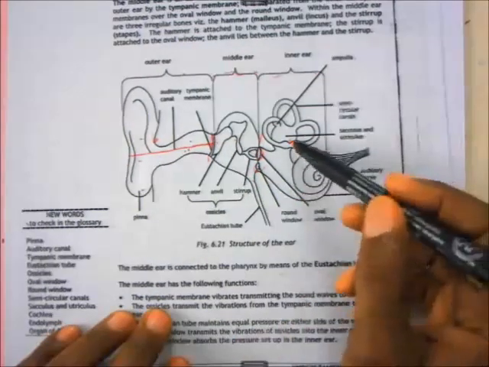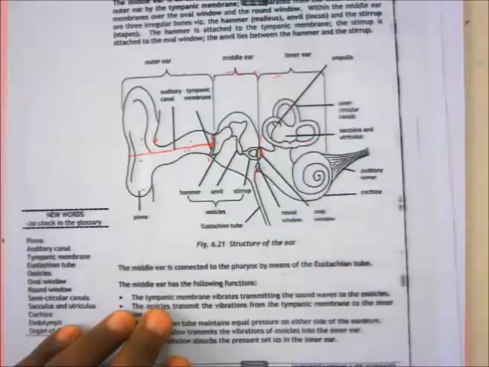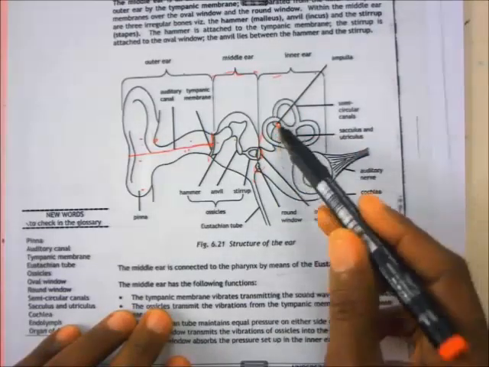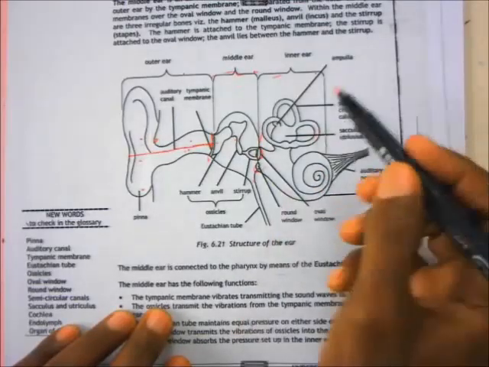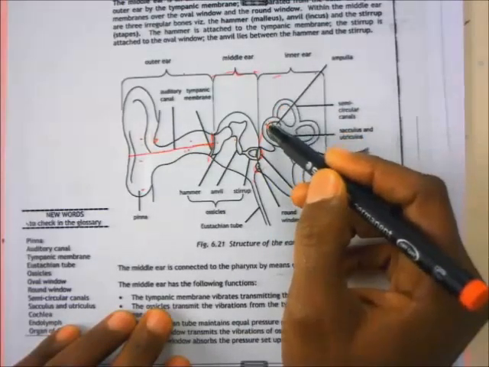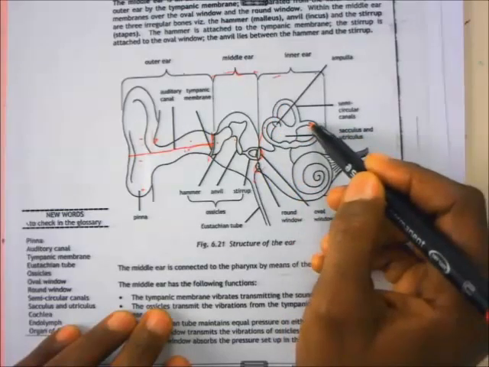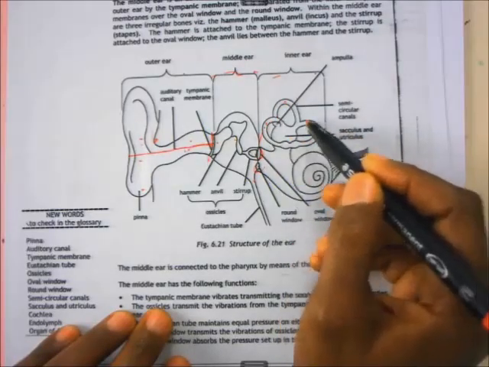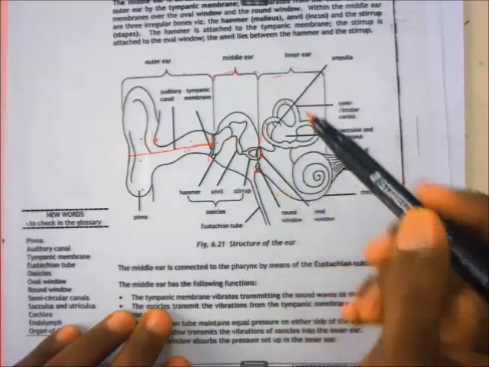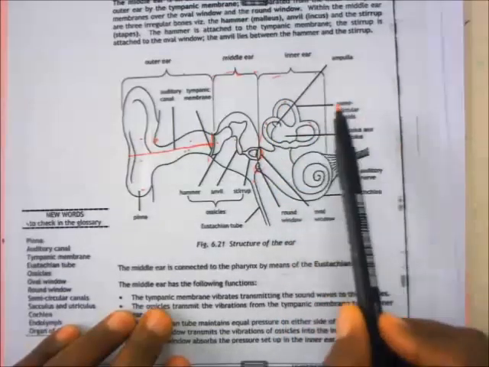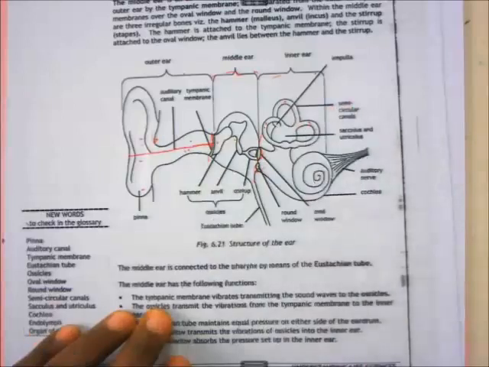When it comes to the inner ear, we need to know the parts that form it. The inner ear is formed by three canals, which are at right angles to each other, and they are called the semicircular canals.